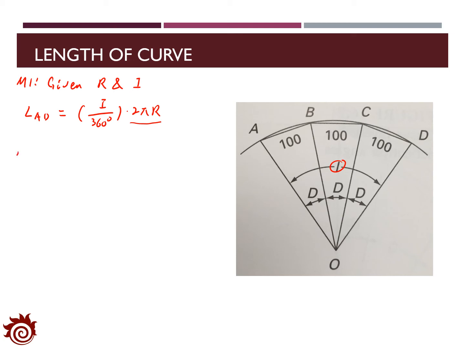In the second method, we can use the degree of curvature, especially the degree of curvature with the arc definition, for the estimation of the curve length. In this method, we are given I and also the degree of curvature with the arc definition.